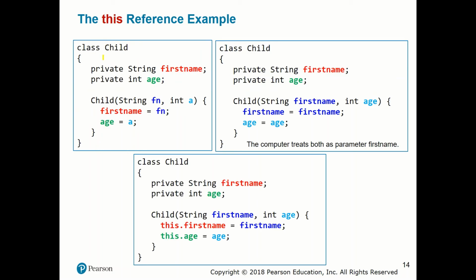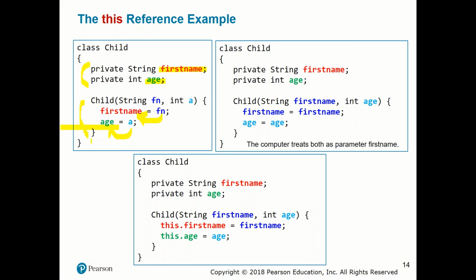This is a child class. As you see here, the child class has two attributes, first name and age. Okay, first name and age. And in the constructor, there are two parameters. Fn, the first parameter, will be assigned to first name, and the second parameter A will be assigned to age. Okay, you understand this one?